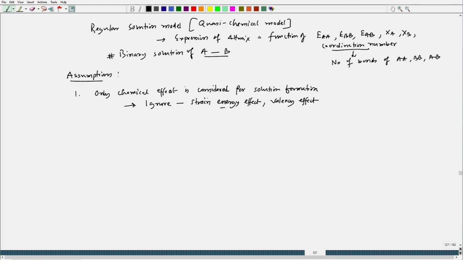For example, strain energy effect. Let us say A and B are combined, these are the two metals and they have different atomic sizes. For example, one is very small, another one is very big. Then there would be a definite situation of strain energy. Or sometimes you have a substitutional solid solution, where A and B atoms are placed at the lattice points of that crystal.